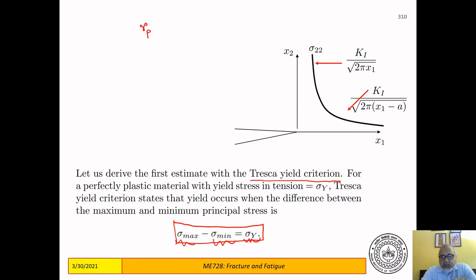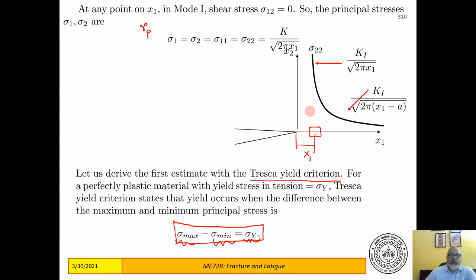So we have to look at what is sigma max and what is sigma min. Now in mode 1, which we are looking at, if I take a small pillbox here at a distance x1 from the origin, according to linear elastic fracture mechanics, for mode 1 sigma 12 is equal to 0, so this is subjected to an equibiaxial state of stress where sigma 11 and sigma 22 both are K1 by root 2 pi x1.